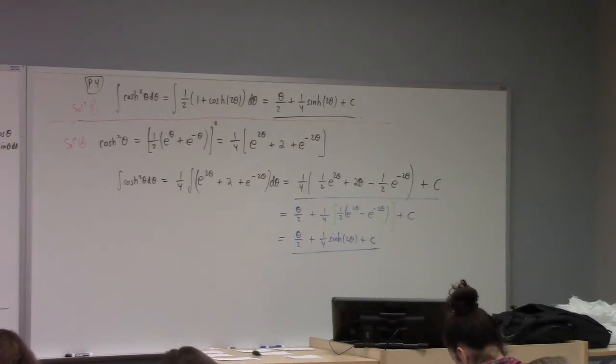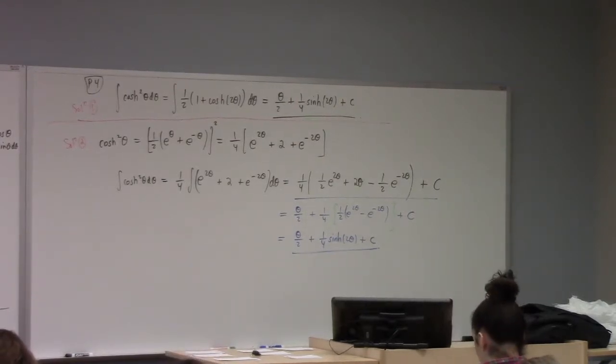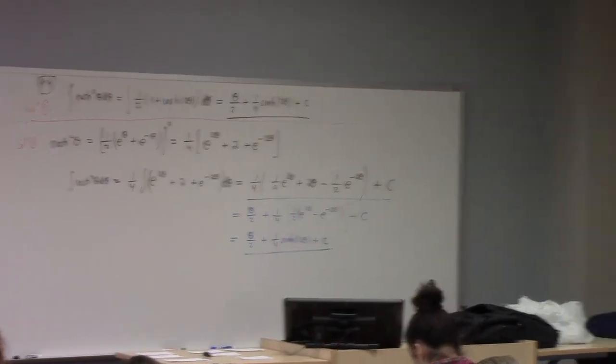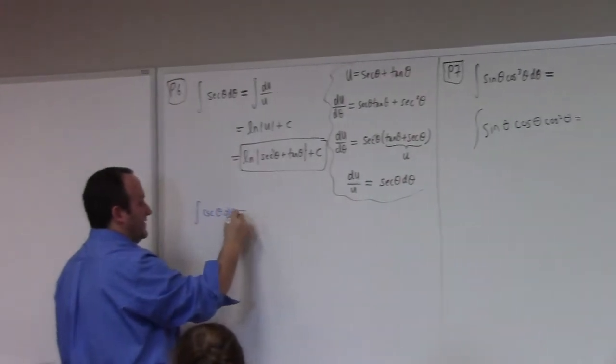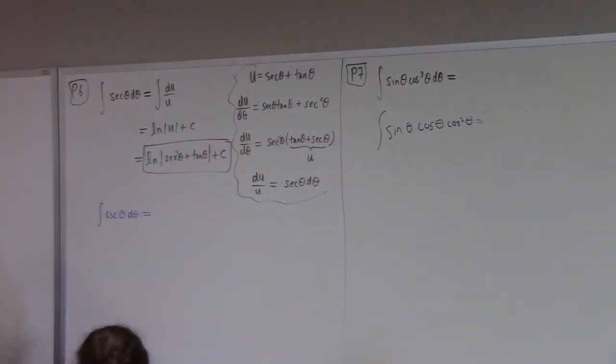Obviously, choosing u equals secant plus tangent is a dirty trick, right? But maybe if I do this and I ask you what's the integral of cosecant theta d theta, maybe you could come up with what you should do there. What's that? u equals what?